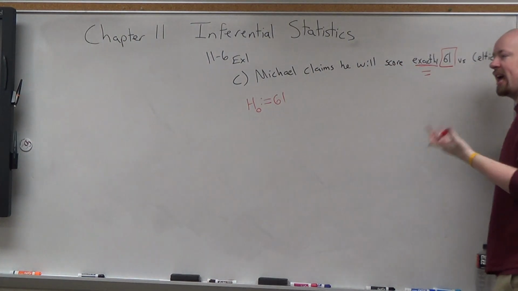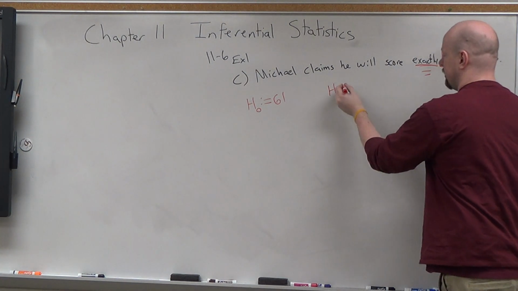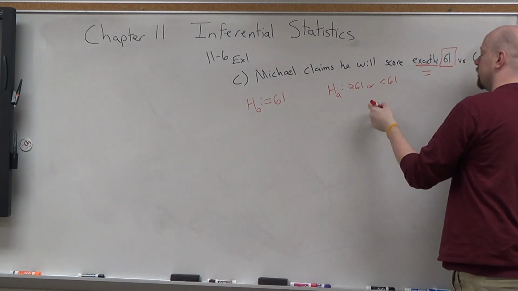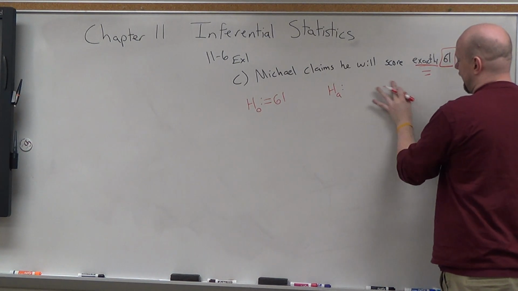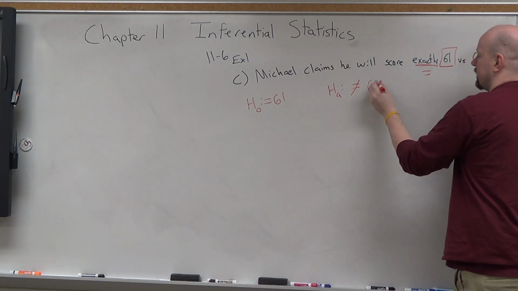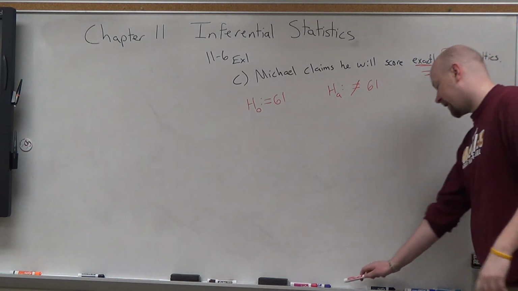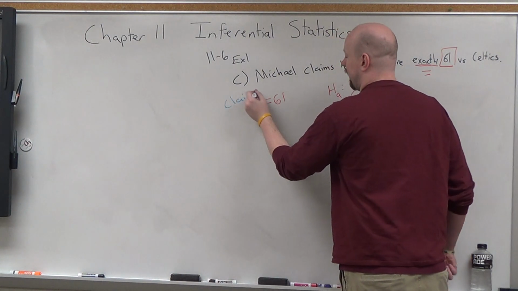My alternative would be everything else. So I could write h sub a is less than 61 or greater than 61. The easiest way to say that would just be not 61. And then last but not least, we have to identify the claim. In this case, it would be h sub 0.